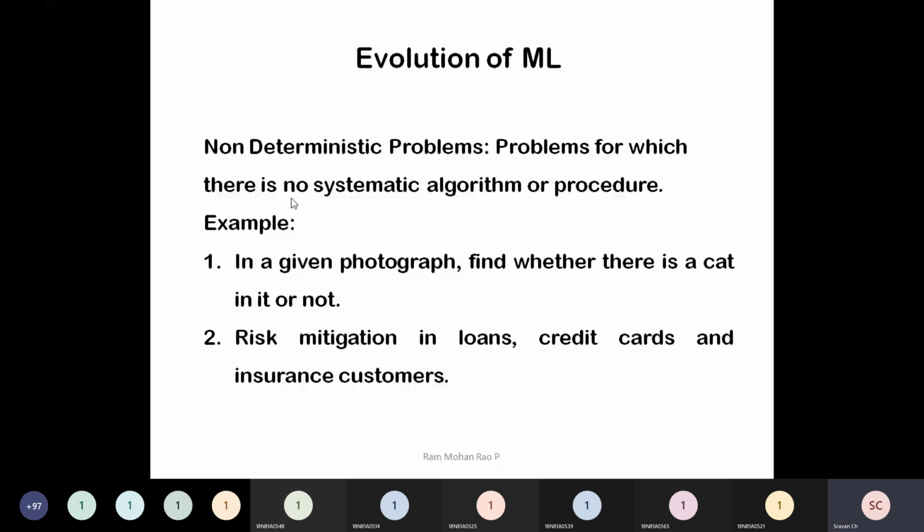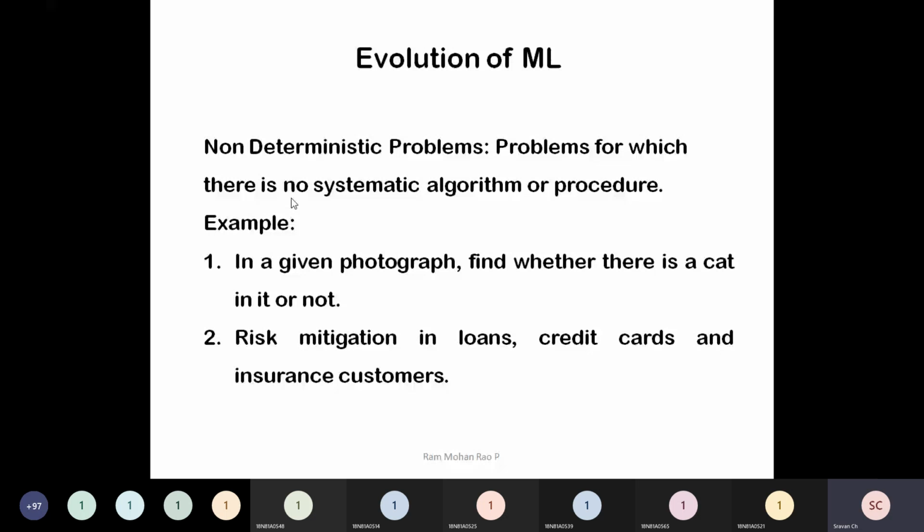People thought these non-deterministic problems are very tough for a computer to solve, but on the other hand, they are very easy for a human being, right? You give an album or a photograph to a person and ask whether there is a cat in it or not. Even a small kid can tell whether there exists a cat in an image or not. So it has been observed that non-deterministic problems are very difficult for computers to solve, whereas most of them are very easy for human beings.